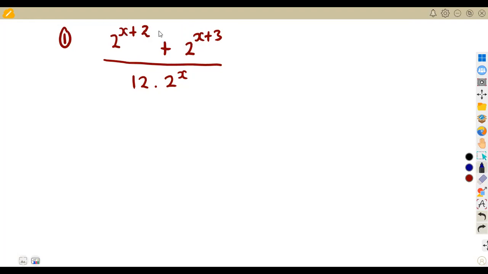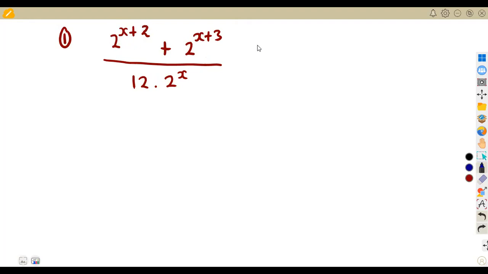But now it's difficult for us to see what is common, because here there's something that we are adding and something else that we are also adding here. But we can properly see that there's a 2 to the exponent of x that can be taken from here, and a 2 to the exponent of x that can be taken from there. But how can we do that so that it is the same as this one? We are back to our laws.